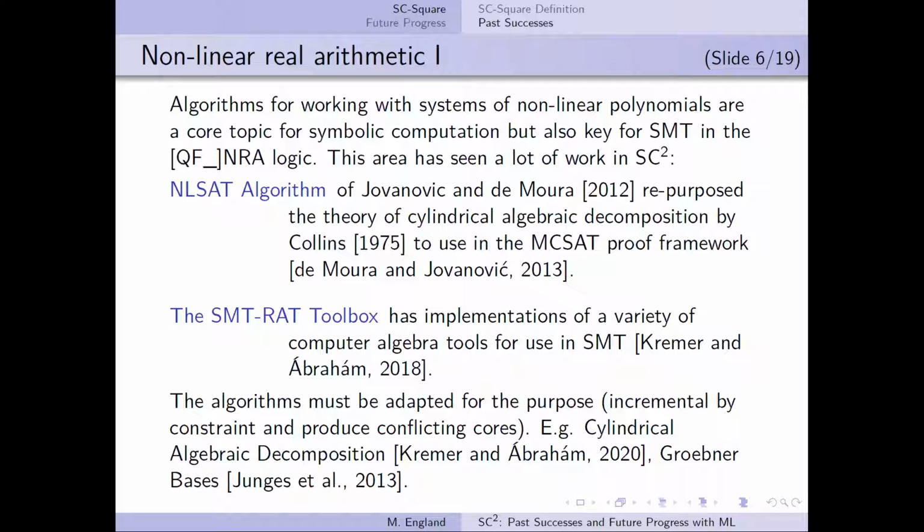And of course, that could lead to repetition of work if one doesn't build an incremental implementation. The other key difference to the traditional computer algebra implementations is the need to provide conflicting cores or some kind of explanations for when constraints can't be satisfied at the same time.